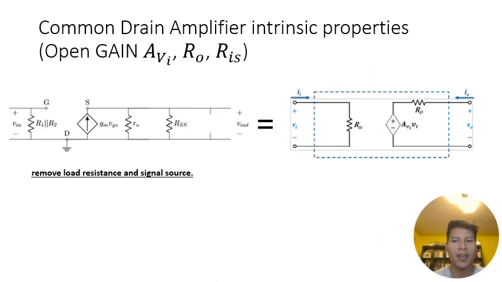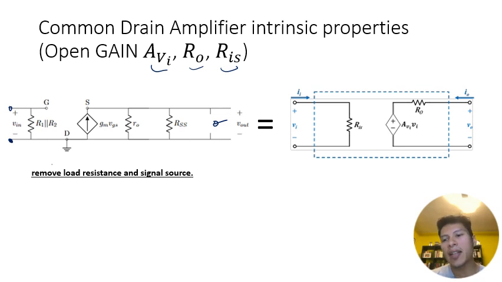Okay, so here's the equivalent circuit. Now I've opened the RL and I've removed R_sig and V_sig. Now we're going to use this to come up with AVI, RO, and RIS. Let's get started just like we did with the common source. As you can already see, this is a more involved circuit than the previous one.